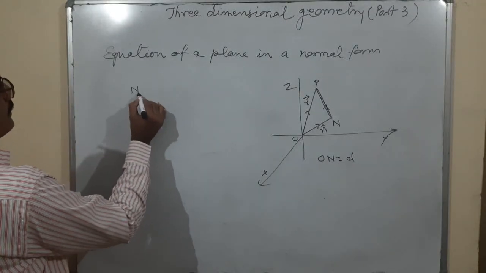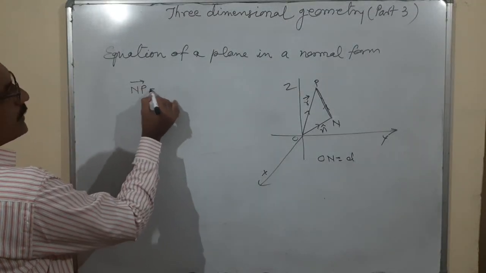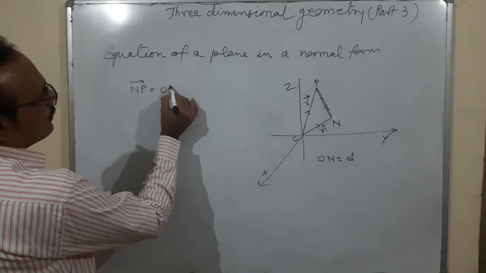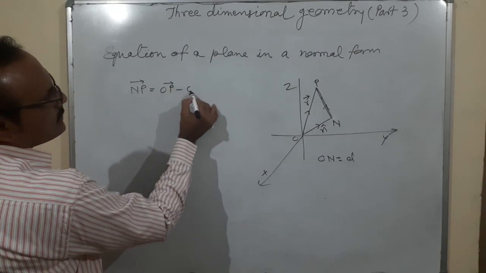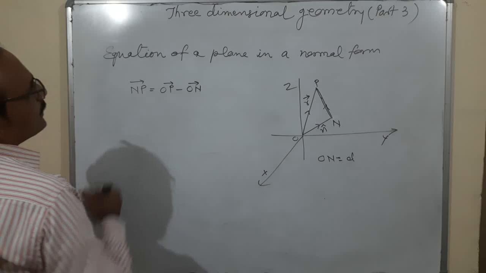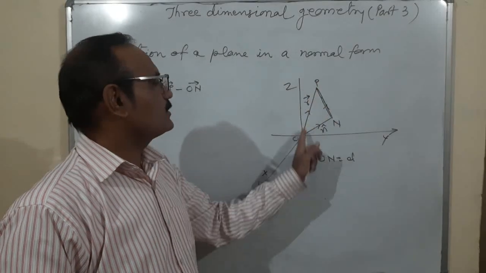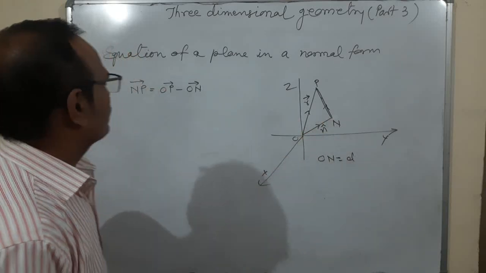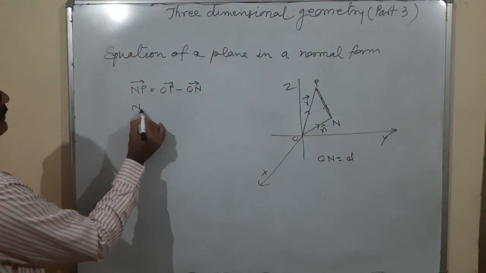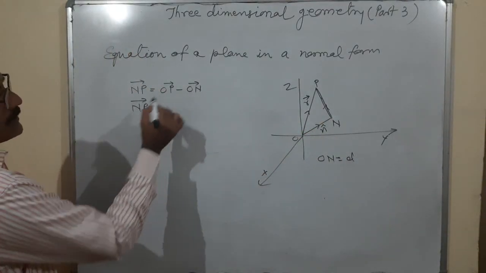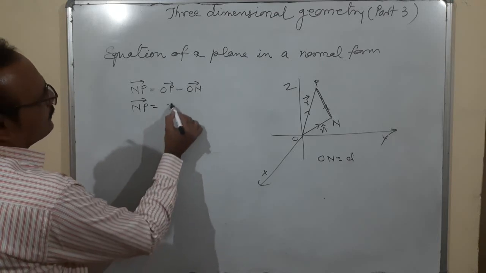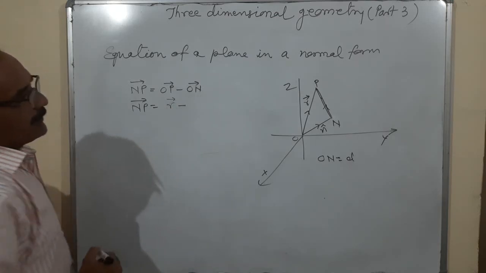So may I write here vector NP is equal to OP minus ON. By triangle vector addition, NP is equal to OP minus ON. Vector NP is equal to OP, that is vector r, minus ON.